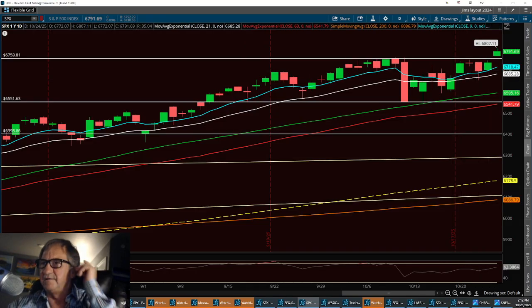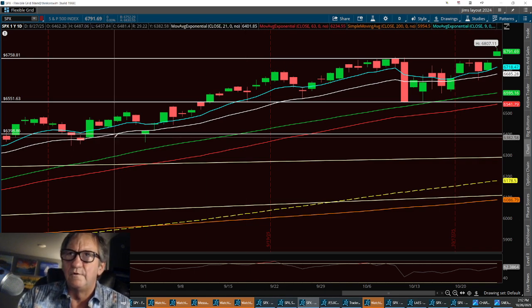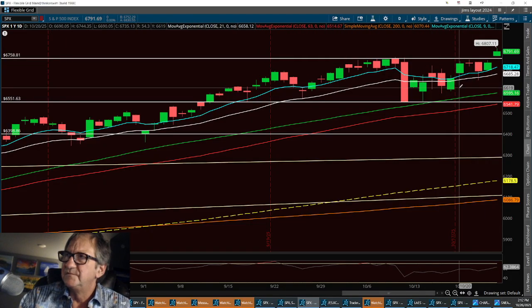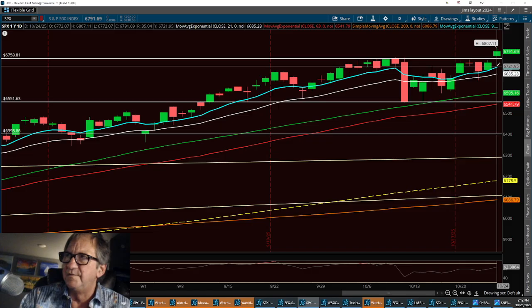So above that 9, that 9's been a solid support for how many weeks? 1, 2, 3, 4, 5, 6, a month and a half, 2 months. As long as you stay above that 9, that 9 could be a solid support on the daily.